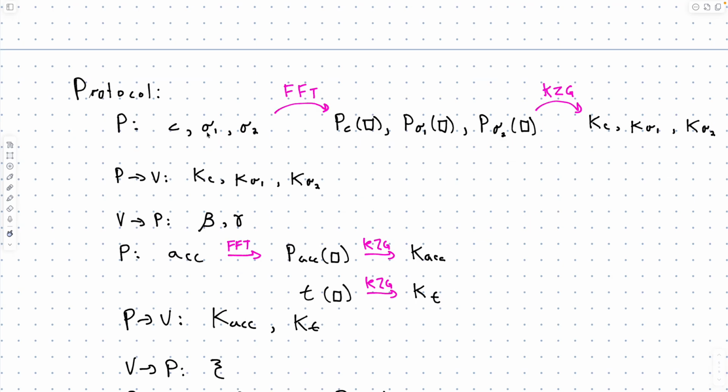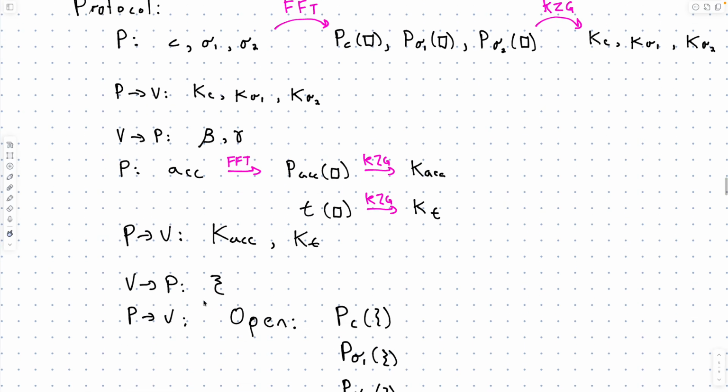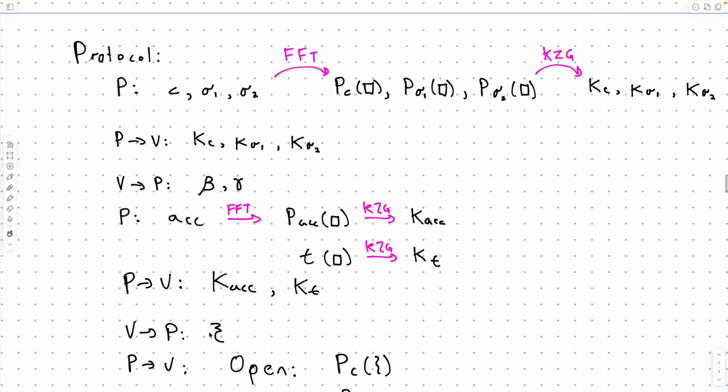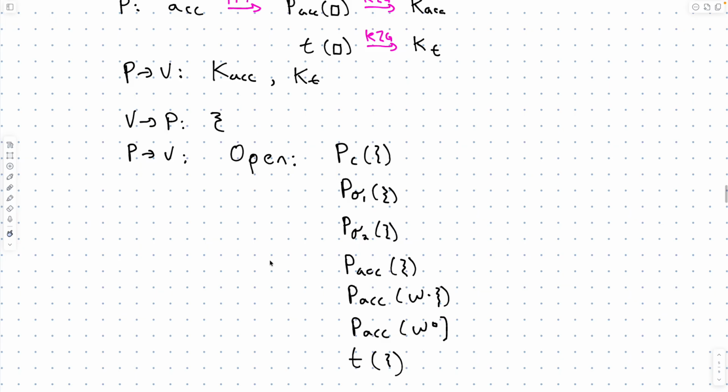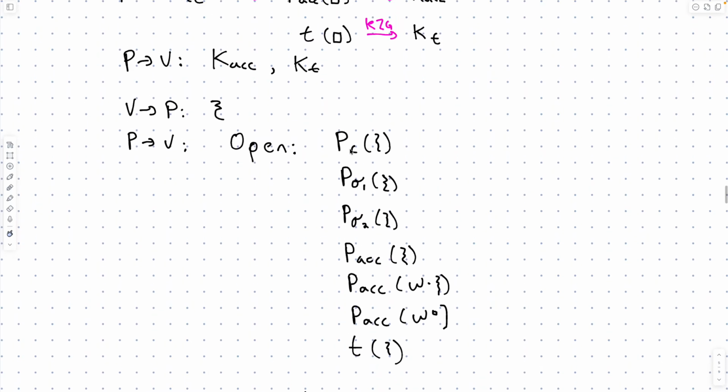Okay, so how do we do it? This is the same as last time. The verifier will choose another point, zeta. And we're going to open all of our commitments at zeta.